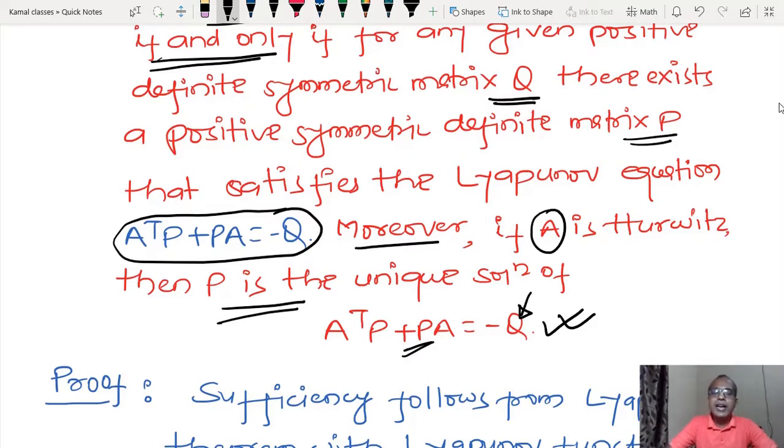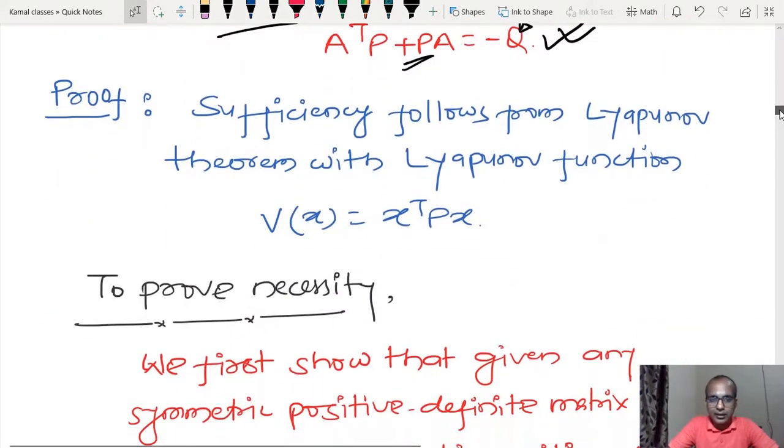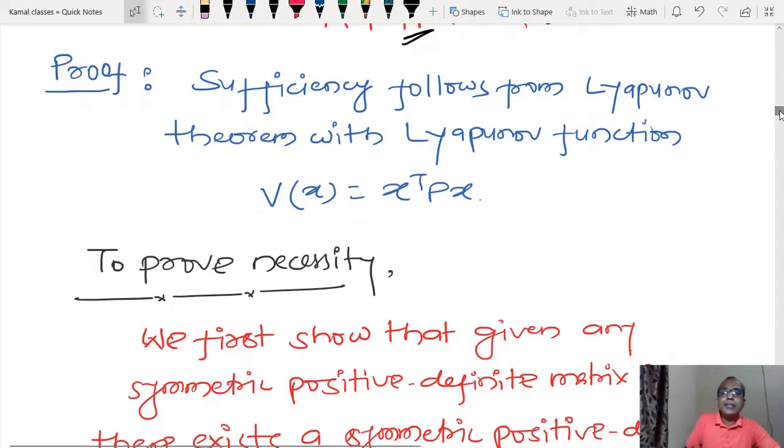Okay, now let us try to see the proof. Since this theorem works in both directions, with an if and only if condition, I have sufficiency as well as necessity. Sufficiency follows from the Lyapunov theorem.